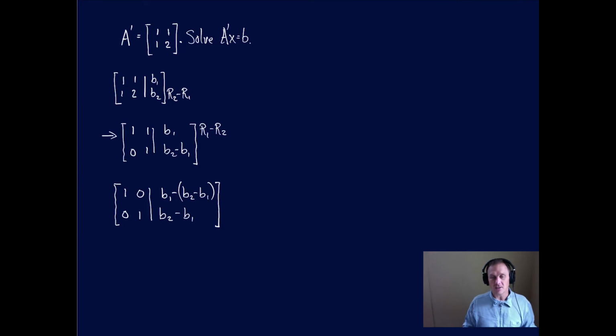So we can see our solution. Our solution is just right here. X1 is 2b1 minus b2, and x2 is b2 minus b1. There it is. There's our solution.